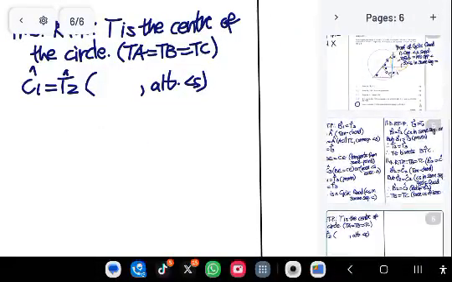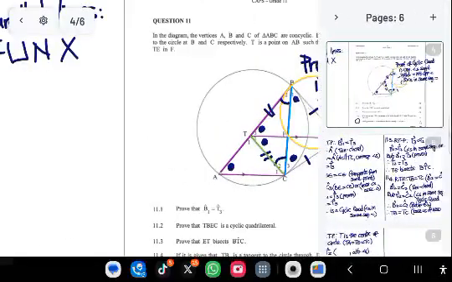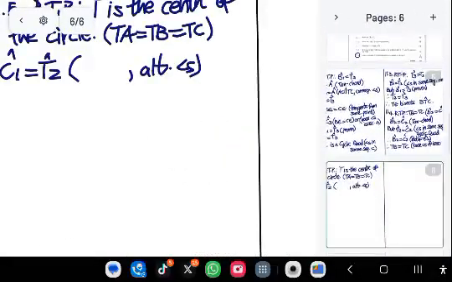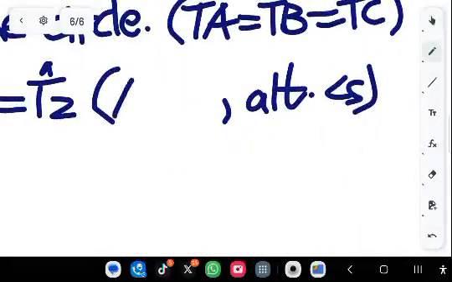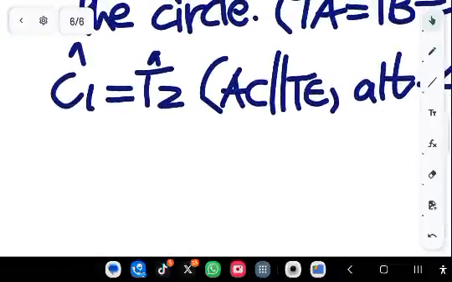I think it's AC and TE. AC is parallel to TE, alternate angles.